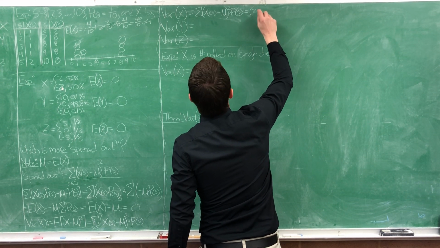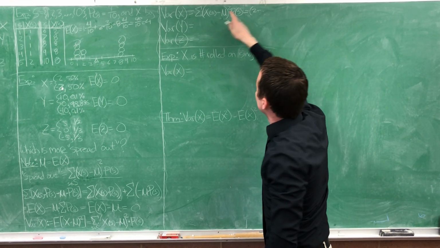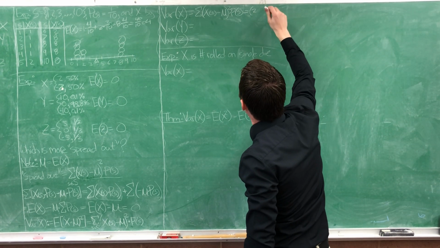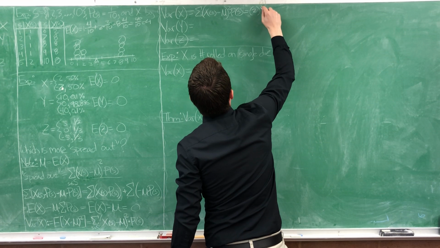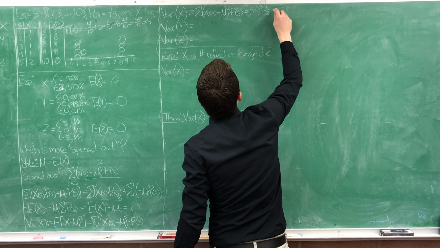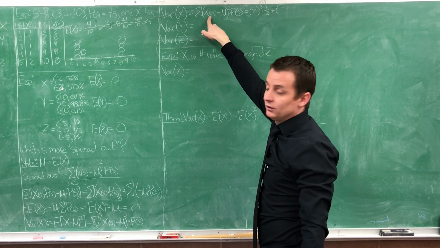2 minus, what's mu going to be in our case? Mu is 0, so we won't bother with the minus 0 there. 2 minus 0 is just 2 squared times what's the probability of 2? 50% chance. 1/2. And then we're going to do plus, what's our other x of s? Negative 2.